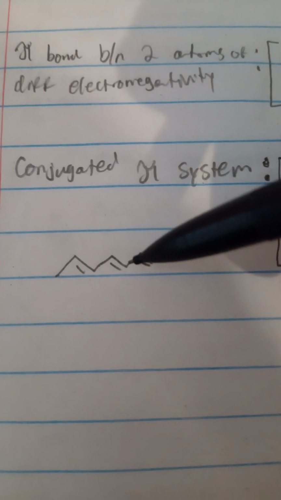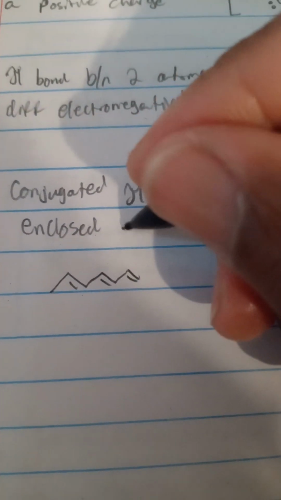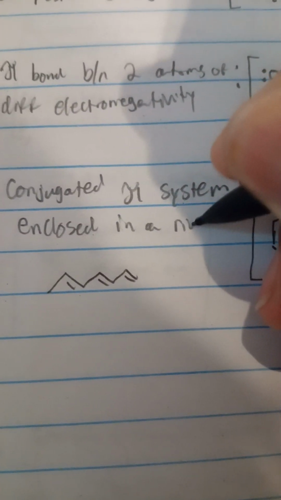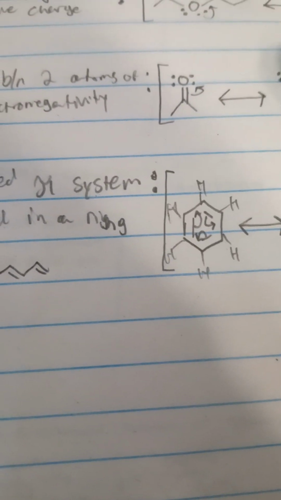This is a conjugated system, but a conjugated pi system enclosed in a ring is more of the structure that we will say as a resonance pattern, and it will look like this. Because all of these positions have only 1 hydrogen, all of them can exist with the pi bonds at that location.